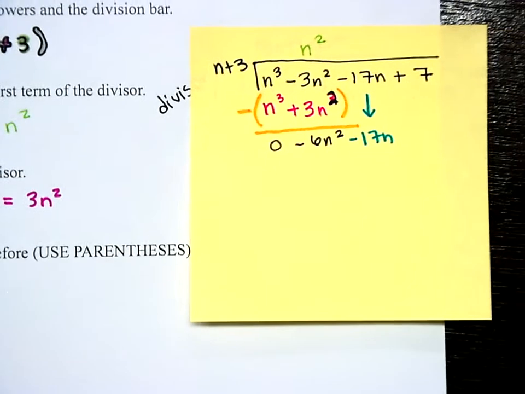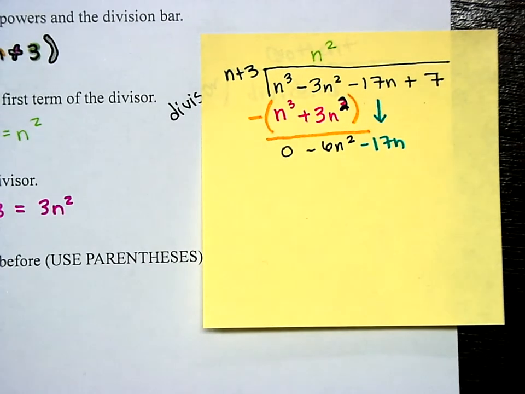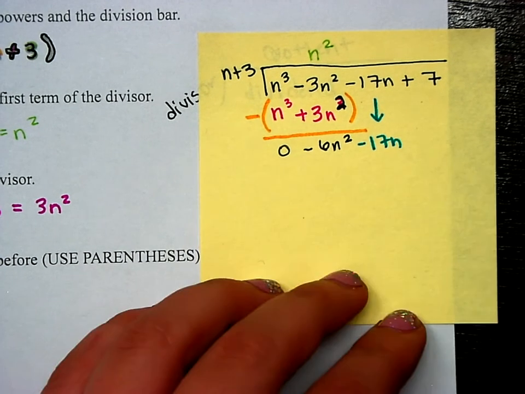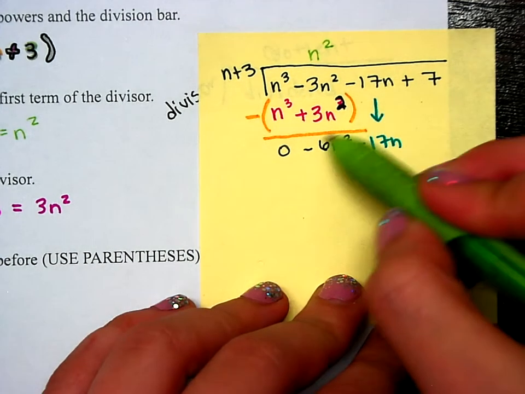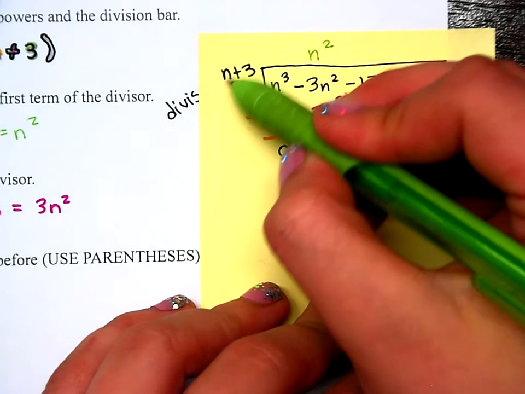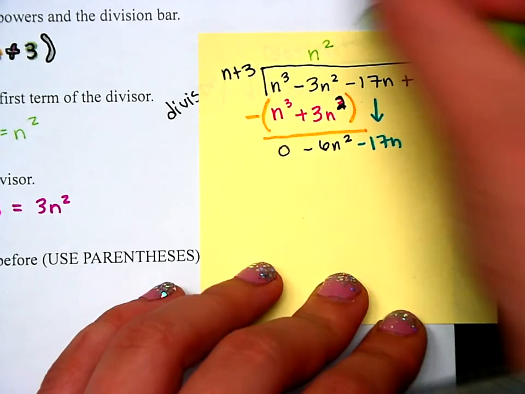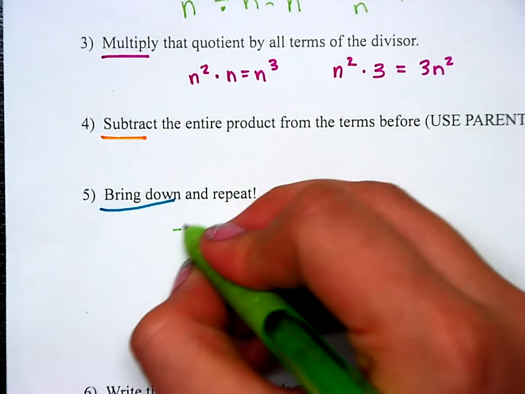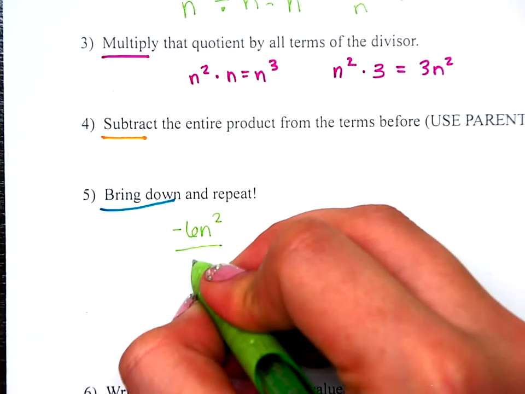I'm going to use my colors still though, so that you can see which one I'm doing at that time. Okay, so first step, we're repeating. Divide. So I'm going to take the first term of the dividend and divide by the first term of the divisor. So that is negative 6n. If you want to see that work, I did negative 6n squared over n.